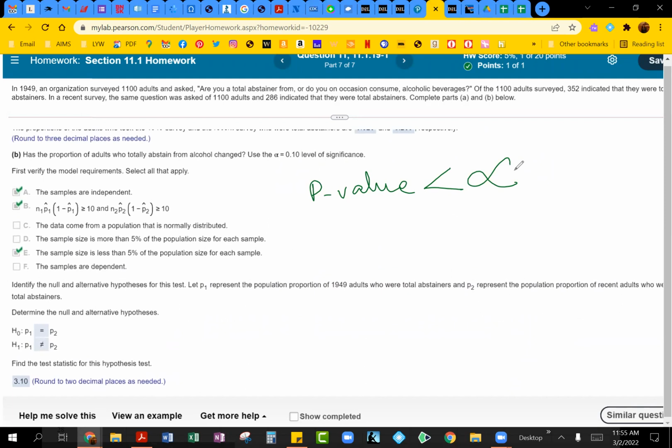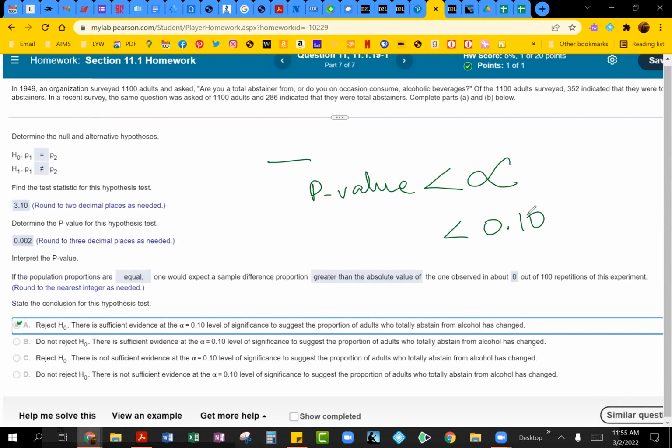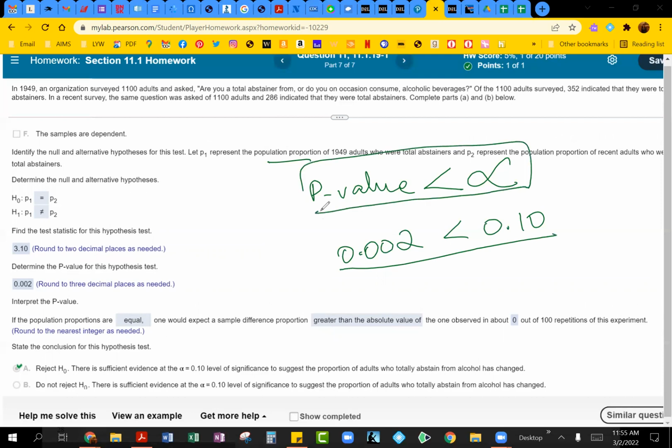Our level of significance was 0.10, and that is where that level of significance comes into play. Our p-value was 0.002. So when your p-value is less than your level of significance, reject your null hypothesis.